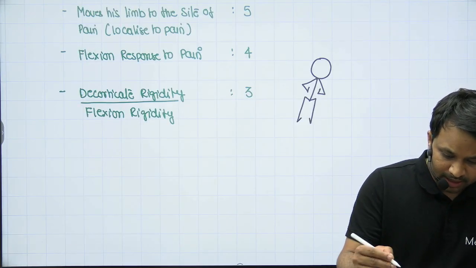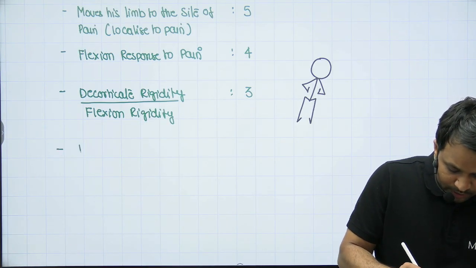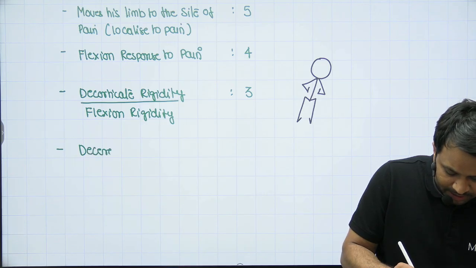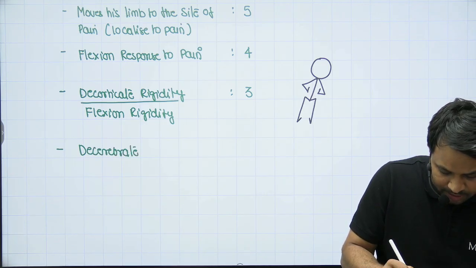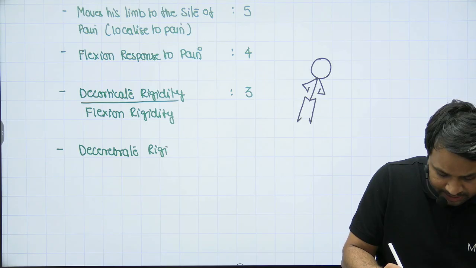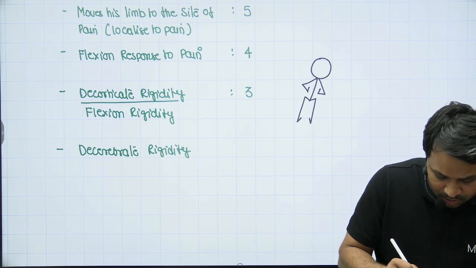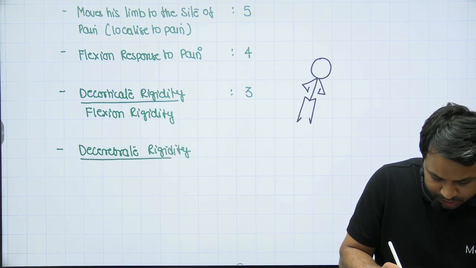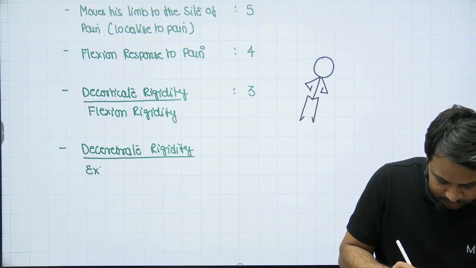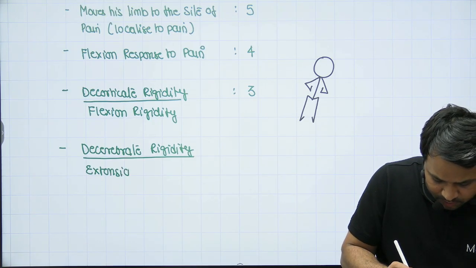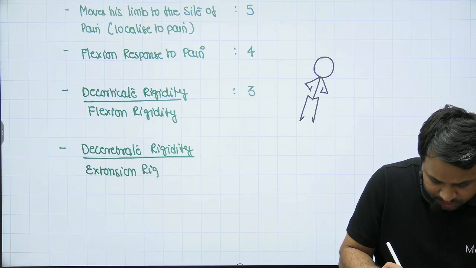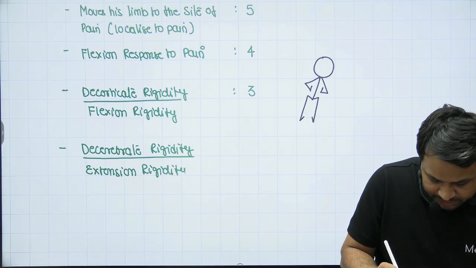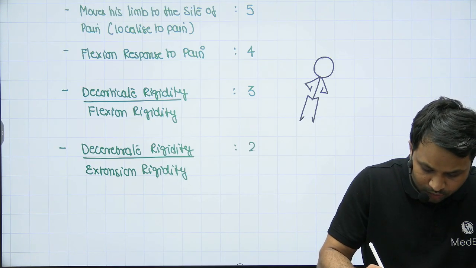On the other hand, if it is even worse, the patient is going to have a decerebrate rigidity. There will be presence of a decerebrate rigidity, that is called an extension rigidity. If there is an extension rigidity, a score of 2 is given.